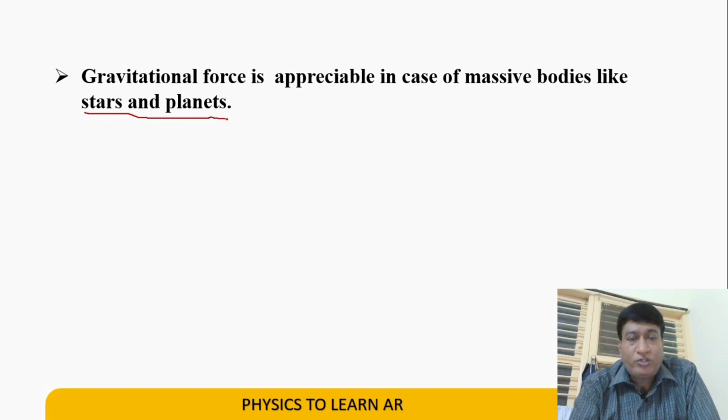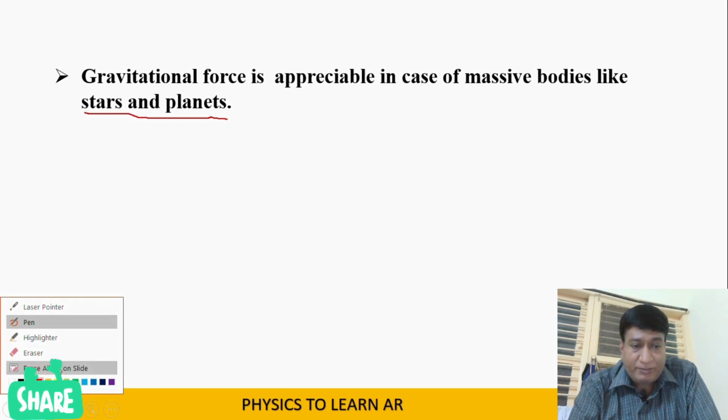For example, if two persons are there, we are not able to observe the force of attraction between them because of gravitational force. Why? Because these bodies are very light compared to the mass of stars and planets.